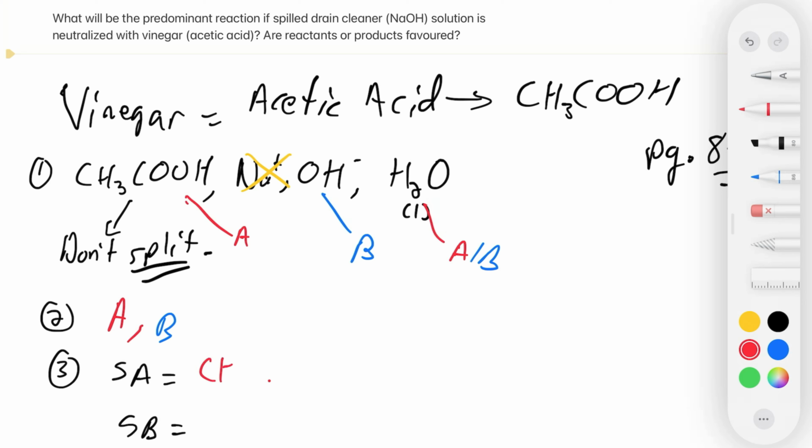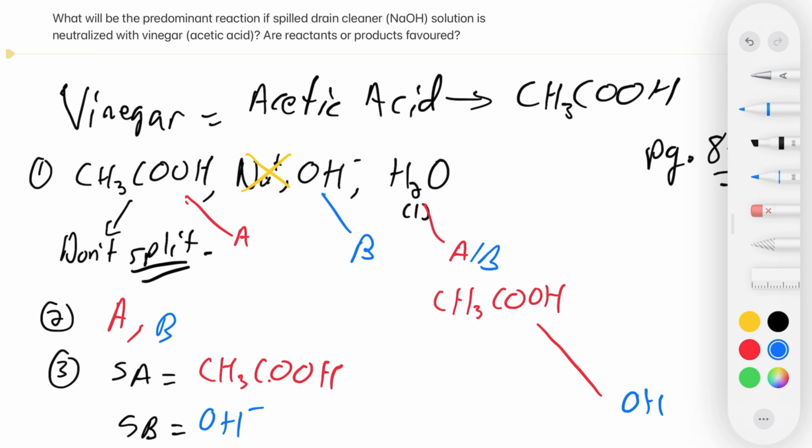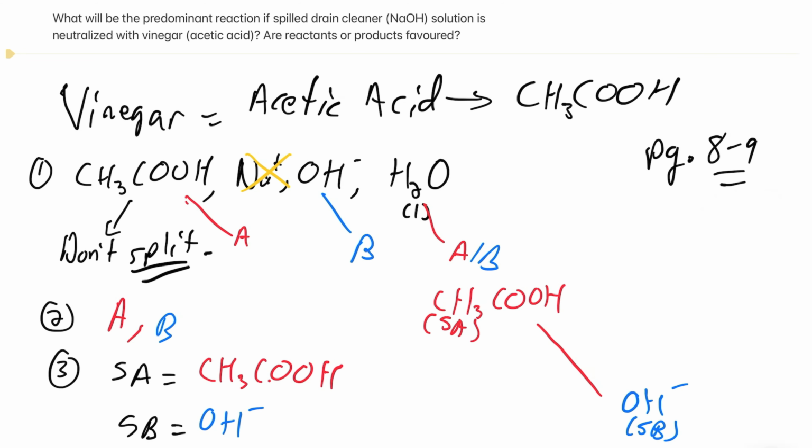That would make our acetic acid the strongest acid and our base the strongest base. And as we have now seen, acetic acid is above OH minus, which this is the strongest acid and this is the strongest base. And so it is above, and so we're going to say that because of this, products are favored.